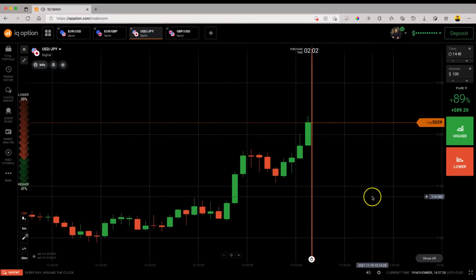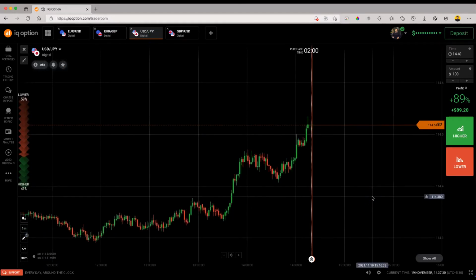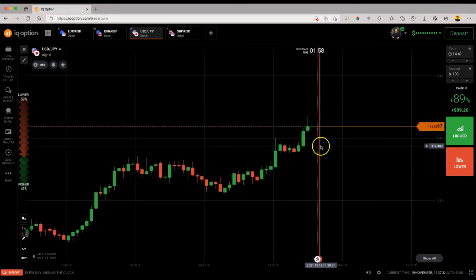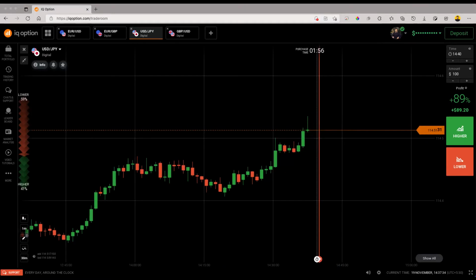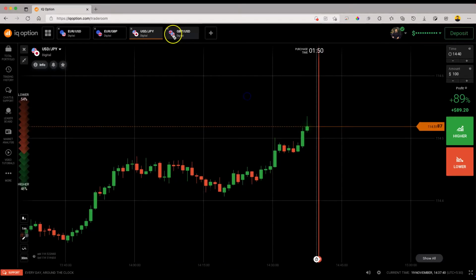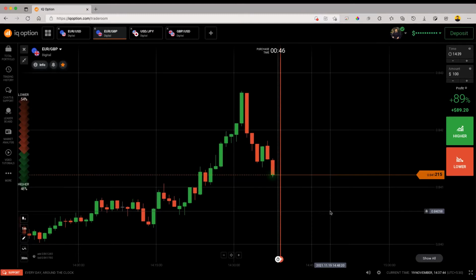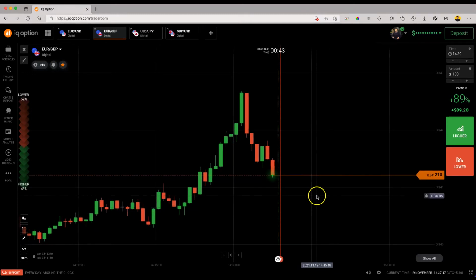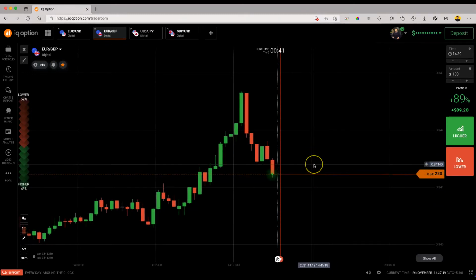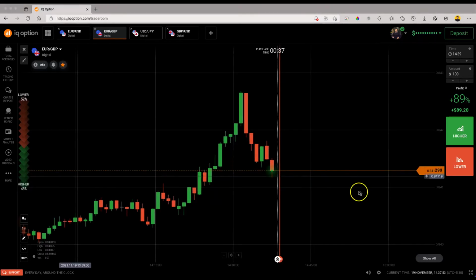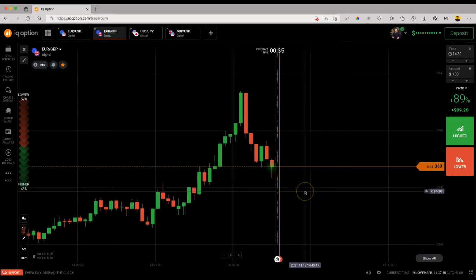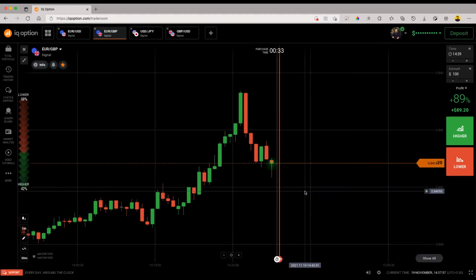Frame to 1 minute. So in Euro GBP we can see the strong selling pressure. Let's wait for a more proper entry, then we will try to execute our trade.